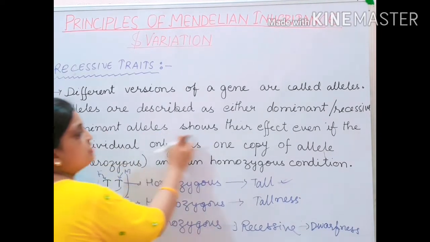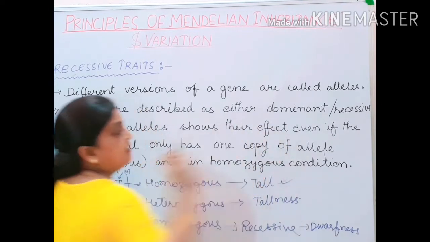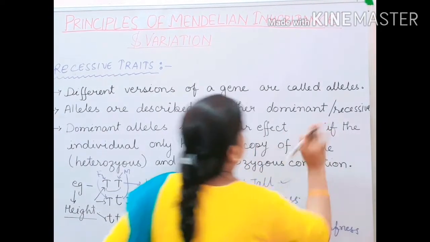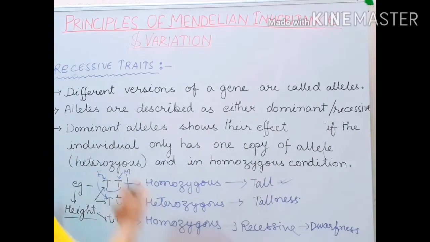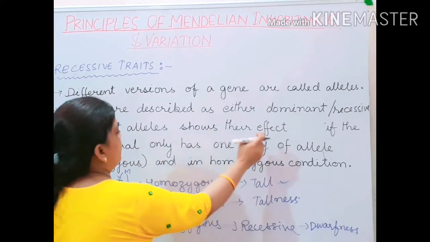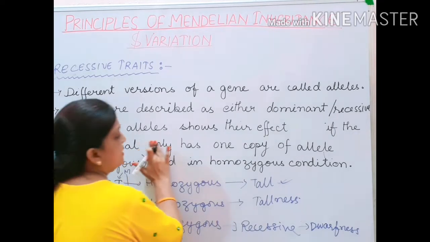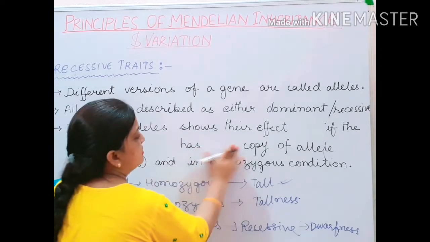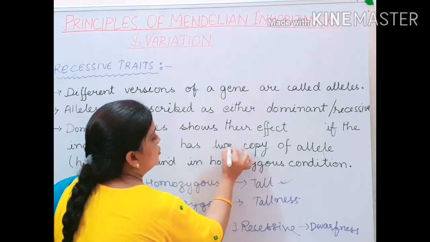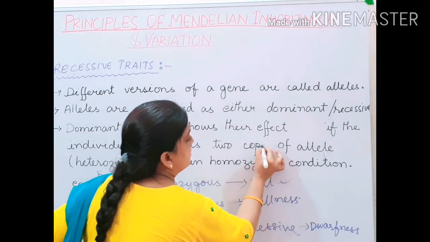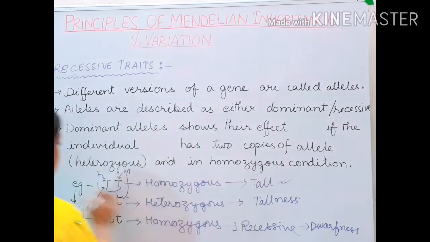Dominant alleles show their effect if the individual has 2 copies of alleles.